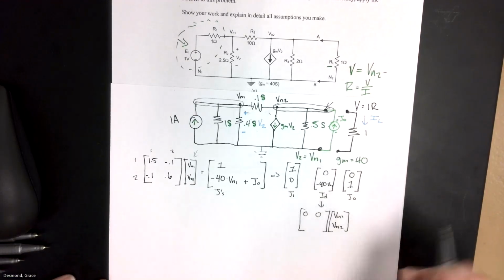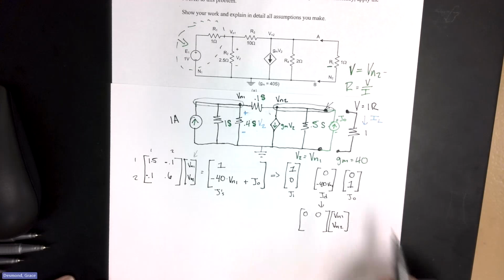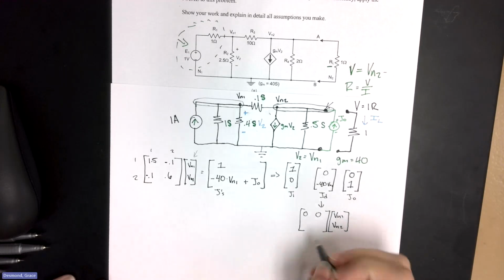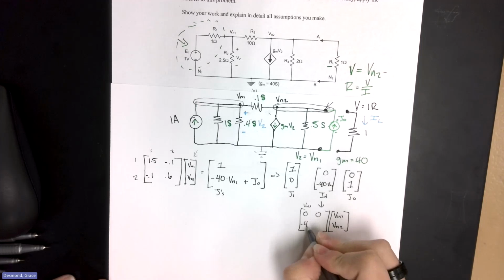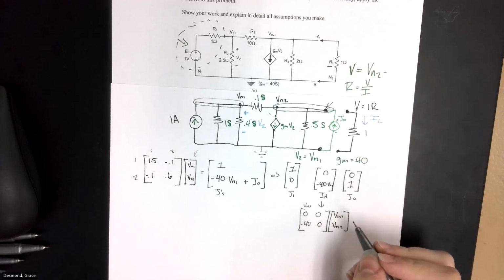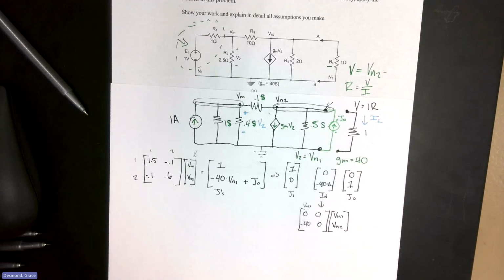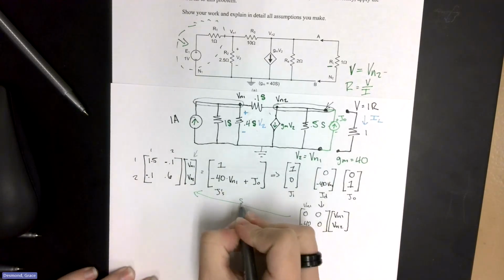So it's 0 on the top, because on this loop, there are none of those. And then second, this is Vn1, so there's negative 40 times Vn1, negative 40, and 0. So then what we're going to do is draw a big arrow over here. Say subtract.